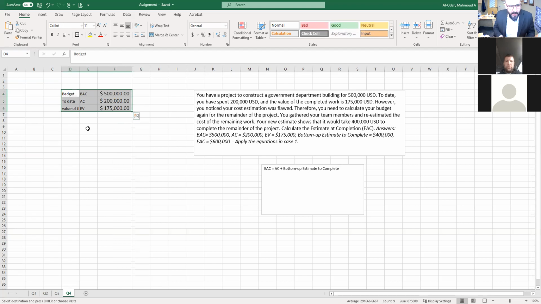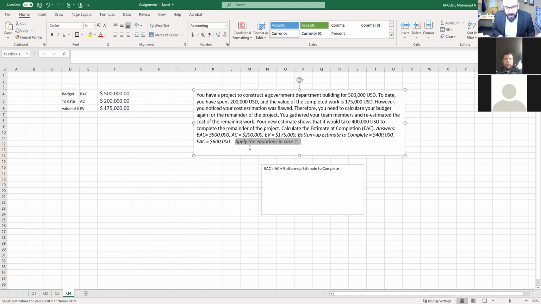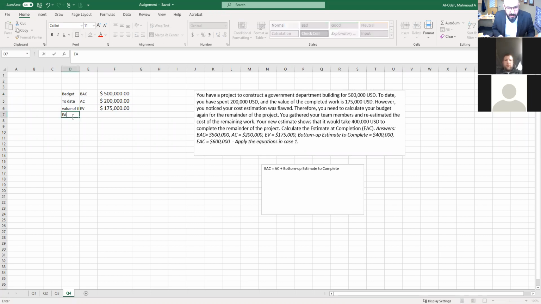So we have a budget of 500, actual cost is 200,000, and the earned value 175. So that would be the same. Again, this is what we need to do. We need to apply case 1, and we need to find the EAC, estimate at completion.